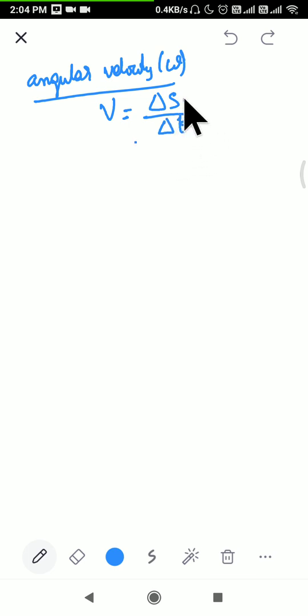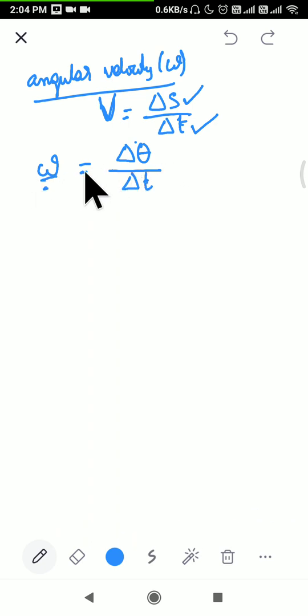Here, change in angular position with respect to time is nothing but angular velocity.